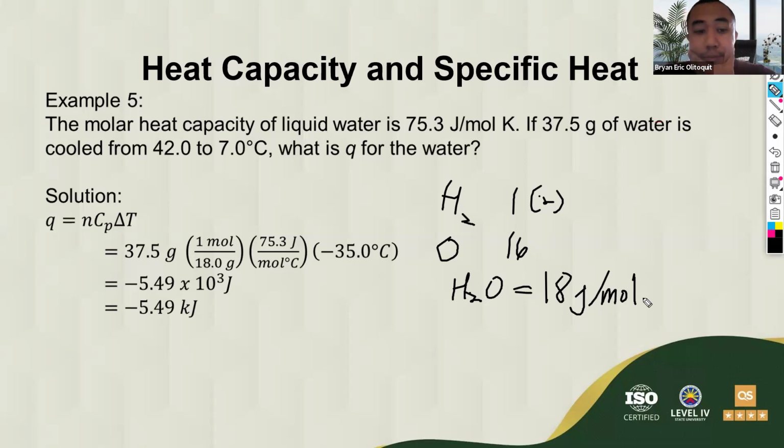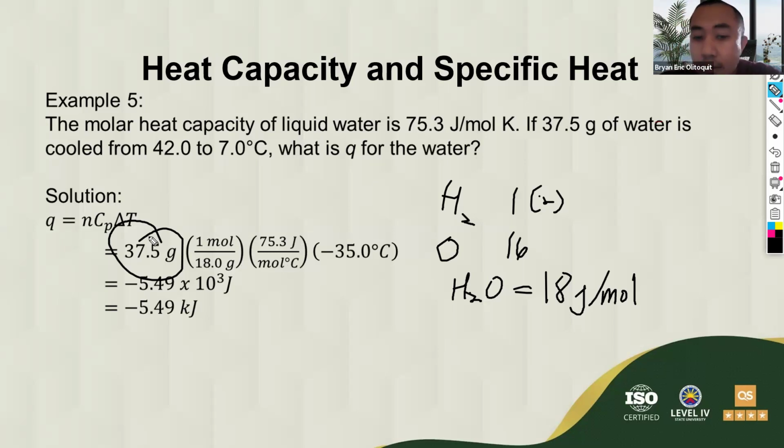So multiplying this by the given grams, rather not multiplying, but dividing. Kaya inverse yung nandito. It's not 37.5 times 18, but rather 37.5 divided by 18. Pag divide natin yung mass by the molar mass of water, you obtain the total mole of the substance. Now, kung ang specific heat ng water in terms of mole is 75.3, minumultiply lang natin ito dito.